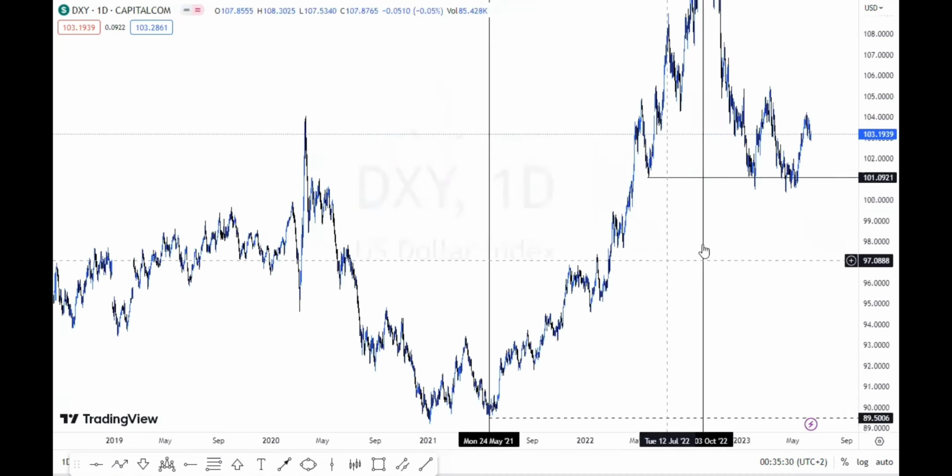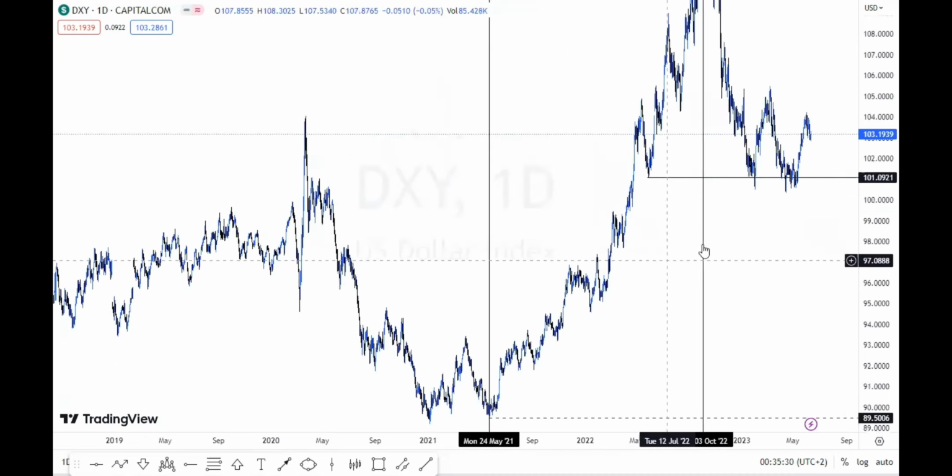And so far it's also respecting the levels that were previously significant in the market. If you look, this was a resistance at some point, but it played as a clean support right here last year in April.